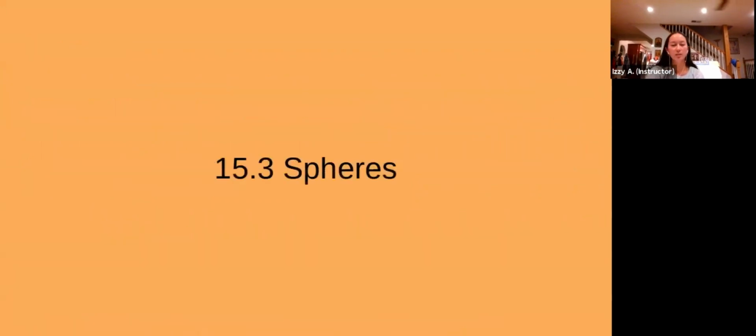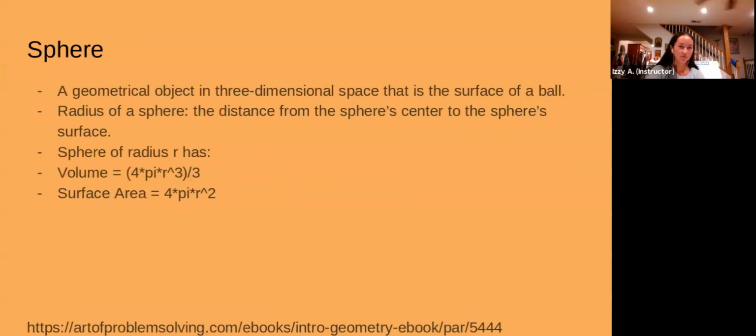Okay, we can go ahead and go to the next slide. And next we're going to learn about spheres. Examples of a sphere, I think we've all come across spheres: tennis ball, soccer ball, basketball. A sphere is a geometrical object in 3-dimensional space that is the surface of a ball. And the radius of a sphere is the distance from the sphere's center to the sphere's surface.